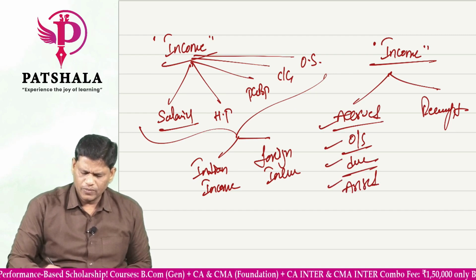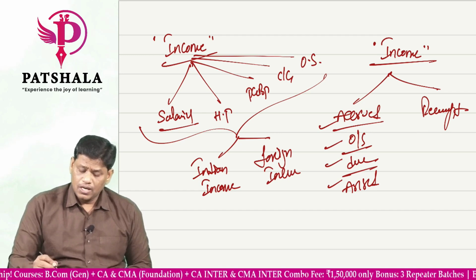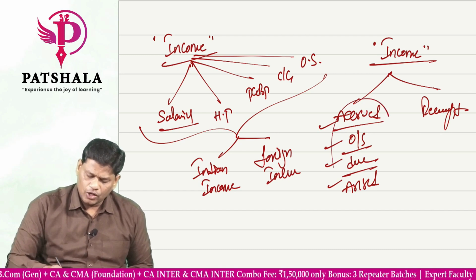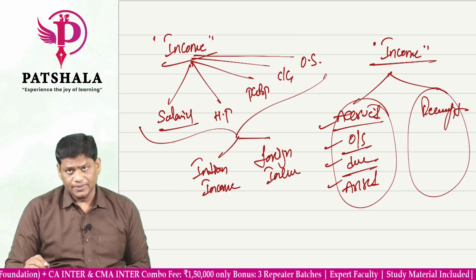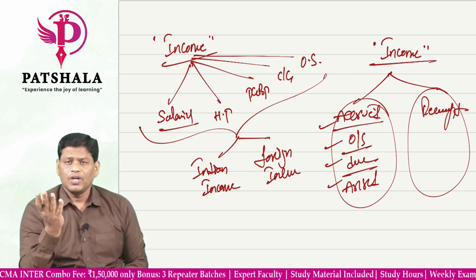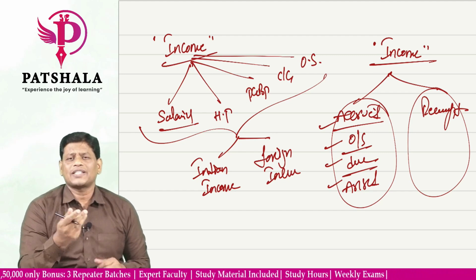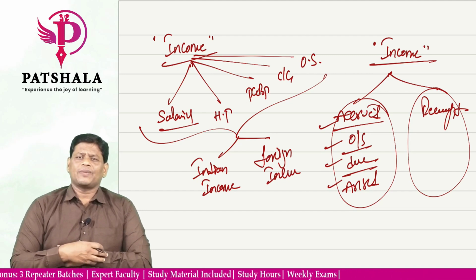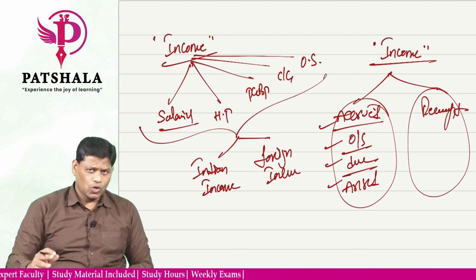Second, once an income is accrued, outstanding or due, the second stage of the income will be receipt. But it need not be that first you accrue, then you receive. First you can receive, then you can accrue. Anything may happen, like advance income: if an advance receipt is there, it is a first receipt, then it is an accrued concept.